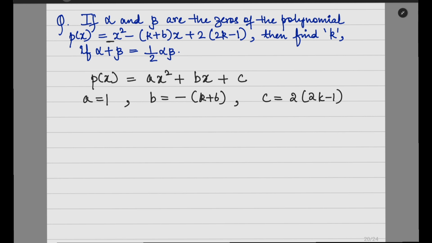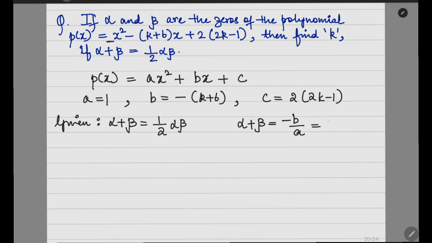Okay. So from the given, what is given? You are also given that alpha plus beta is equal to 1 by 2 alpha beta. Okay. First, from the question, let us calculate what is alpha plus beta. Minus b by a.